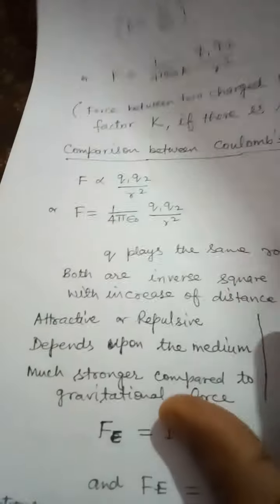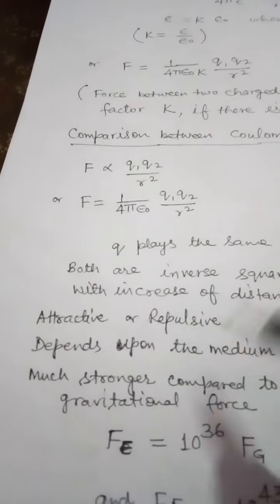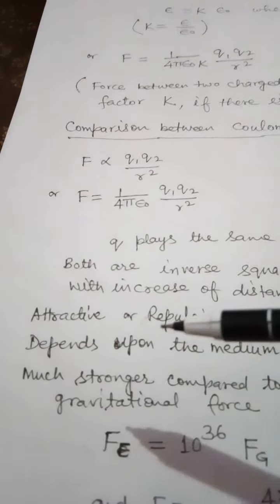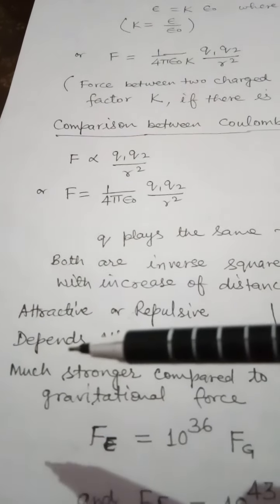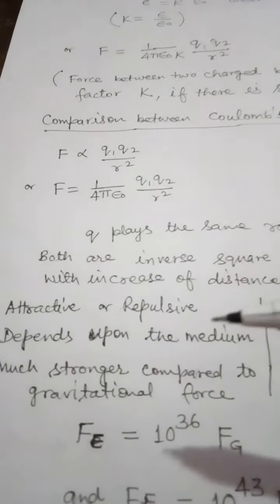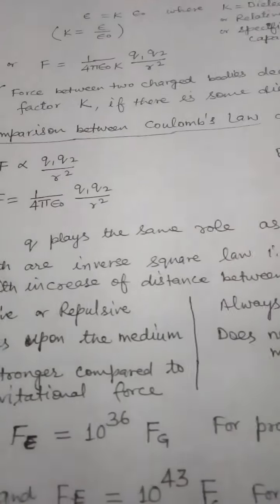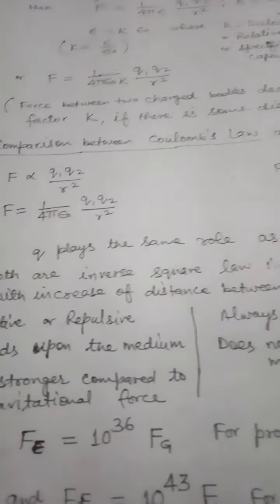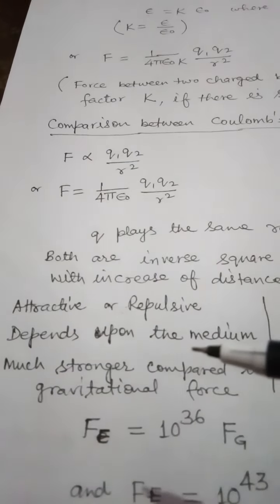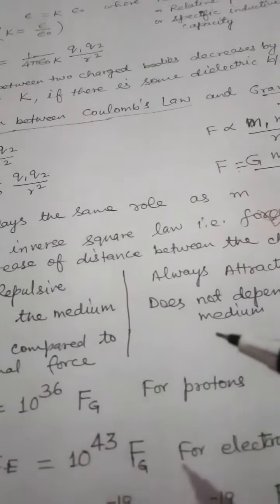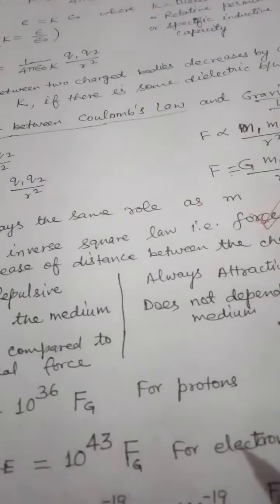A charge can be either positive or negative, so between two positive charges it will be a repulsive force, between two negative charges it will be a repulsive force, but between a positive and a negative charge it will be an attractive force. So it may be attractive or repulsive, but the gravitational law says that it will always be attractive. Coulomb's force does depend upon the medium, but in Newton's law of gravitation the force does not depend upon the medium.